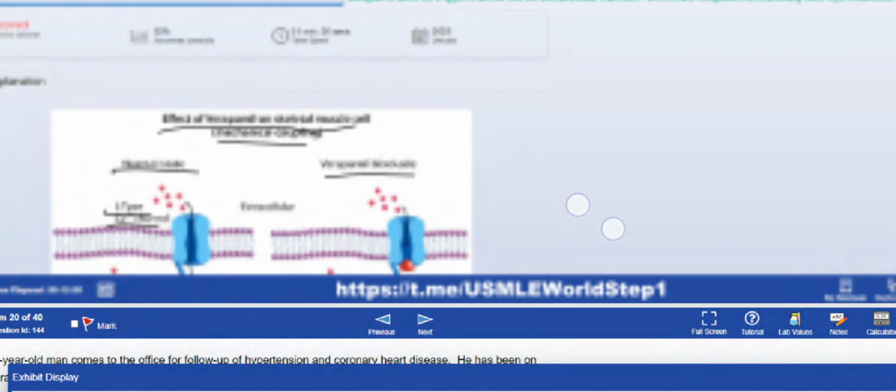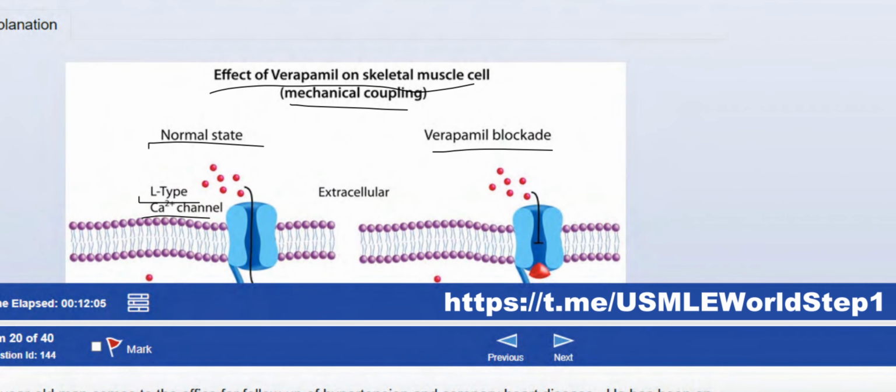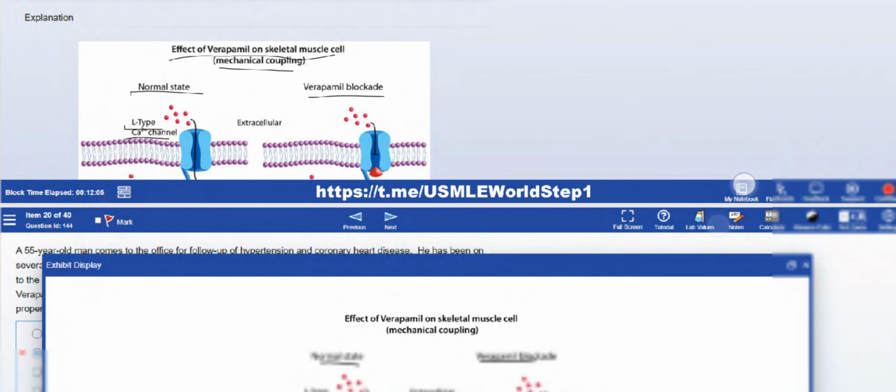So we talked about this effect of verapamil on skeletal muscle cell. That is mechanical coupling, right? So we have the normal state, that is the L-type calcium channel, and verapamil blockage, right?